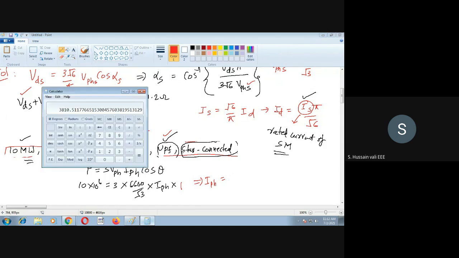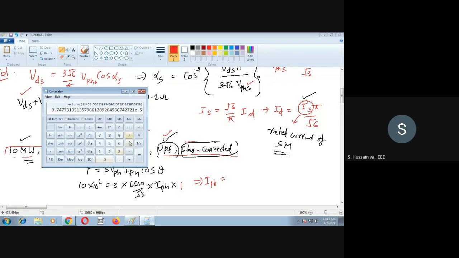Into 3, into 3, inverse of that, then we multiply with 10. 10 power minus 1 is 10 power 6, so this is 100.